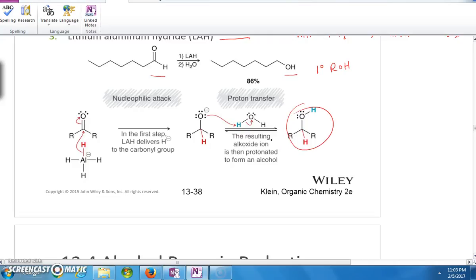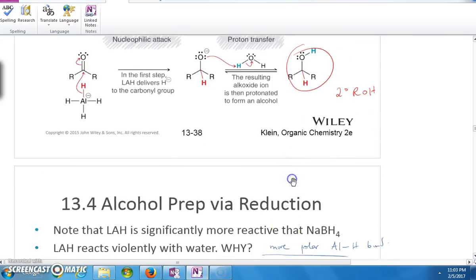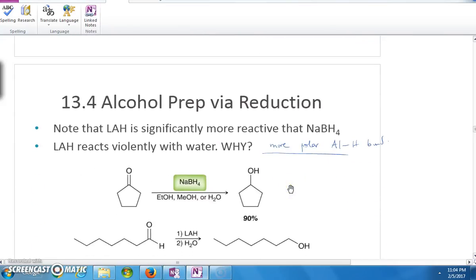It will also take a ketone to the corresponding secondary alcohol.